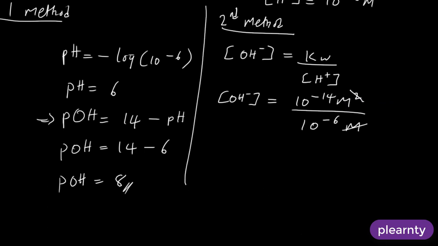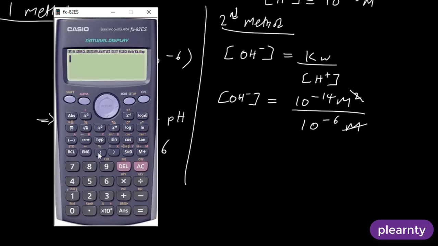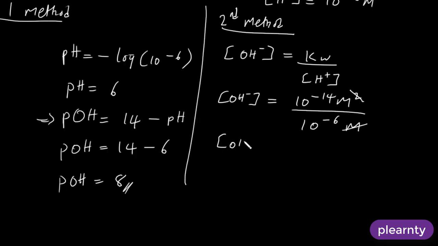Now on our calculator, let's say open bracket 10 raised to power minus 14 close bracket divided by open bracket 10 raised to power minus 6 close bracket. That's 10 raised to power minus 8. So our hydroxyl ion concentration is equal to 10 raised to power minus 8 molar.